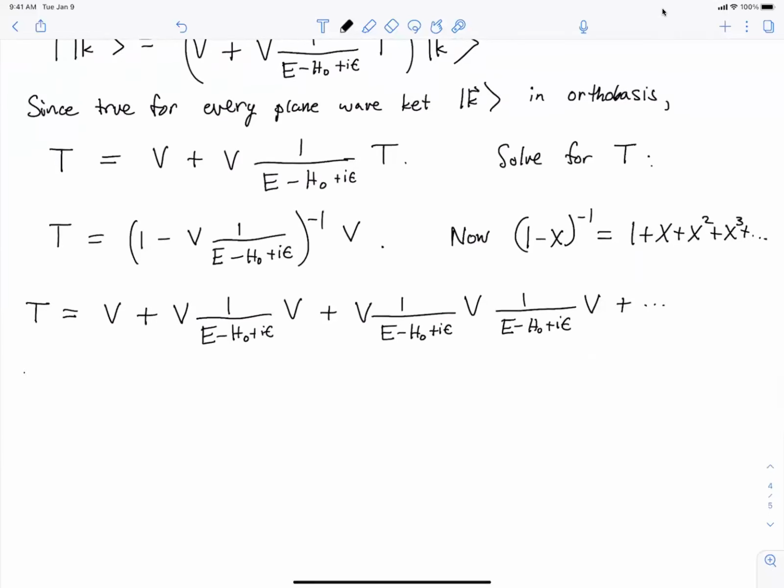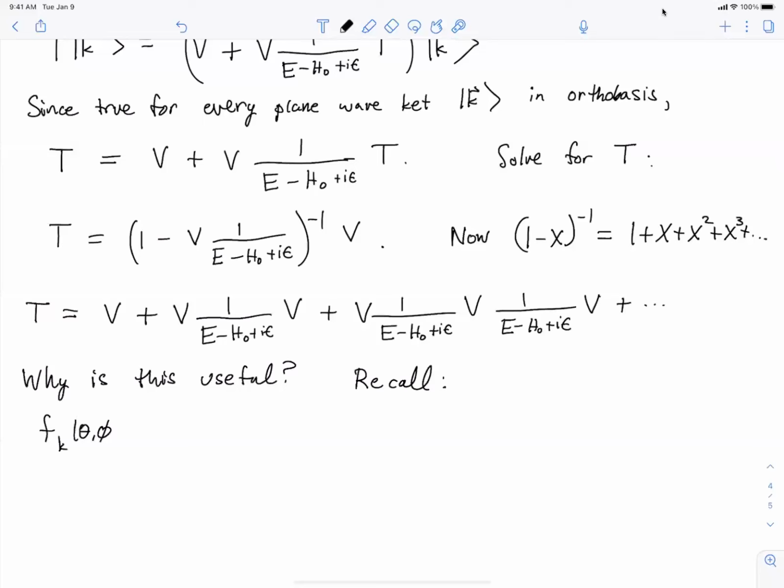Okay, so now we have to contemplate, why is this useful? So recall that our scattering amplitude is minus 4 pi squared m over h bar squared times this matrix element.